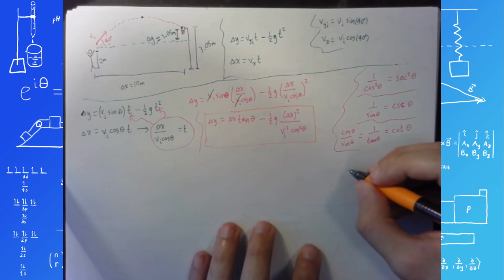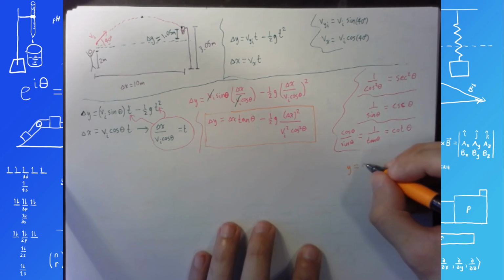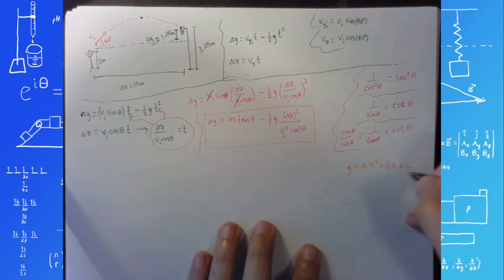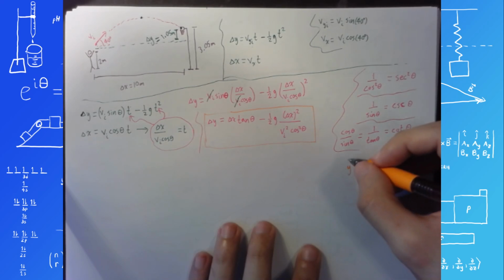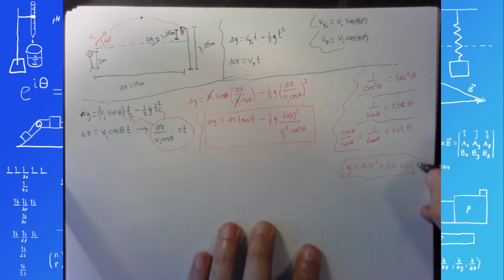This equation shows you that y and x are related by a quadratic equation. Y is equal to some constant times x squared plus some constant times x plus potentially a third constant. This would be the definition of a quadratic equation, which you know has the shape of a parabola.